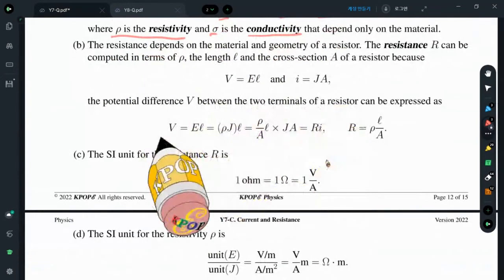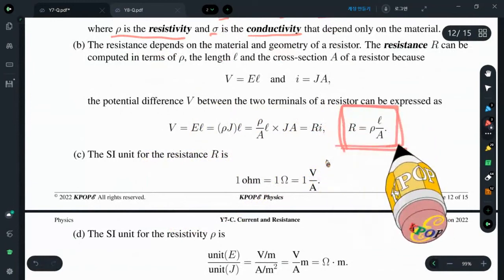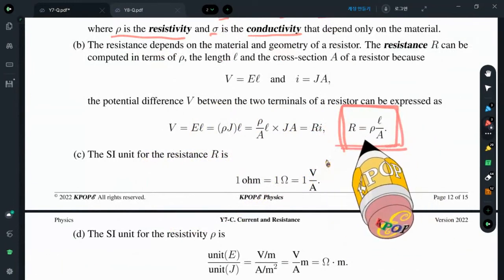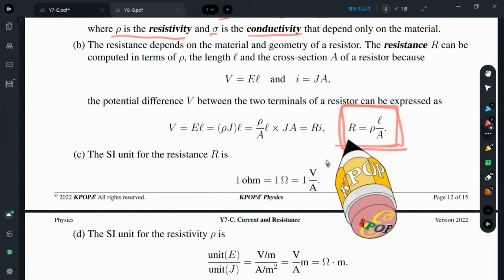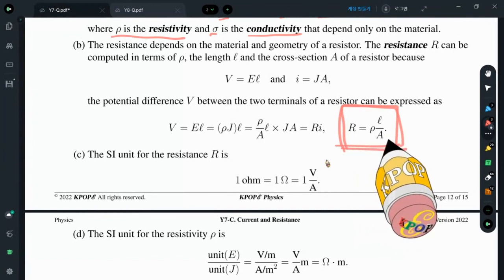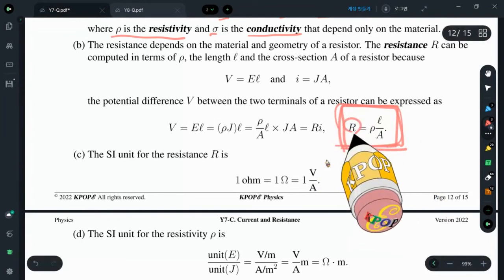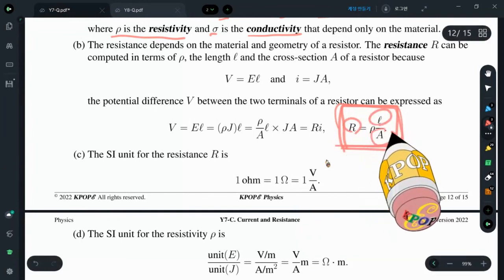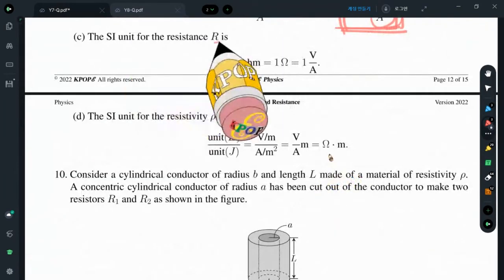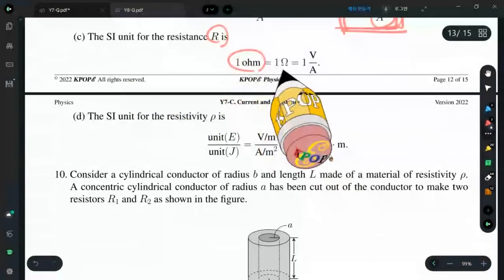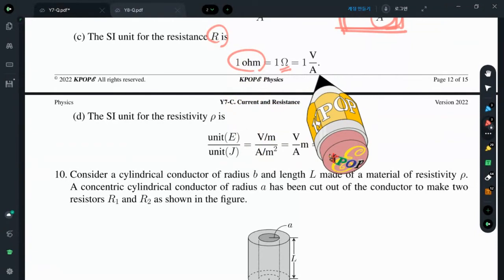And using this simple relation, we can find the formula that we learned in middle school. We use this to evaluate the resistance of a resistor depending on the length and cross-sectional area. The unit of resistance is called ohm, and that is identical to volt per ampere.